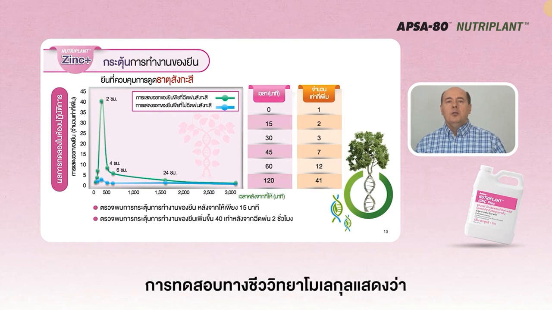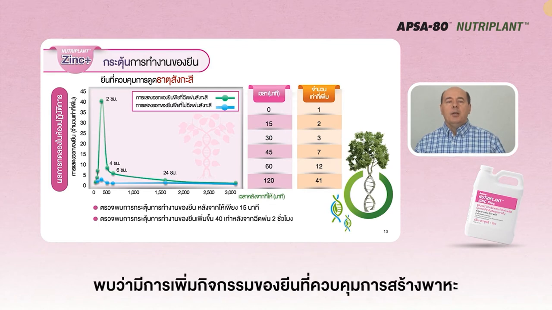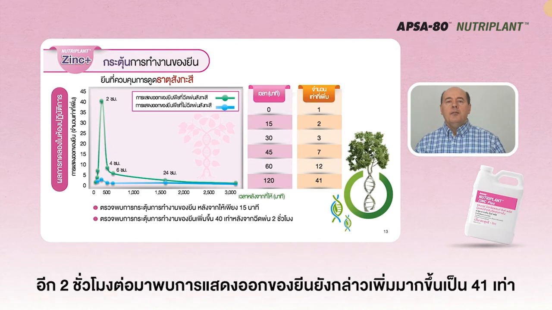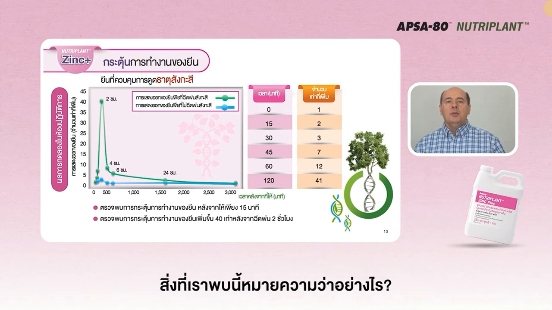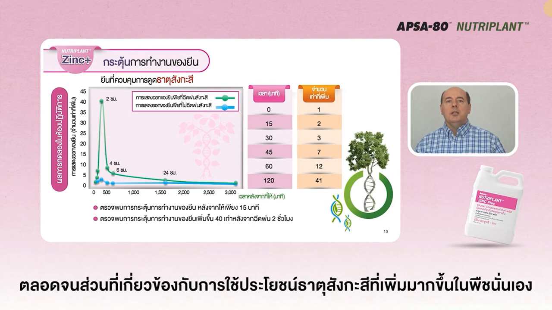We detected twofold gene upregulation just 15 minutes after the application of zinc for the zinc transport gene. After 2 hours, we detected 120-fold increase in the gene expression. What it means? There were more messenger RNAs with specific amino acids produced, which help with utilization of the zinc in the plant.